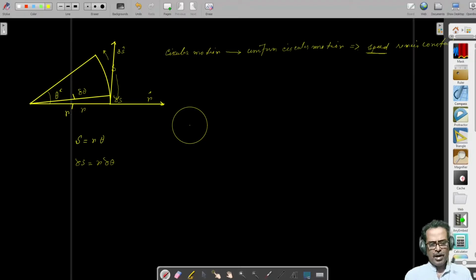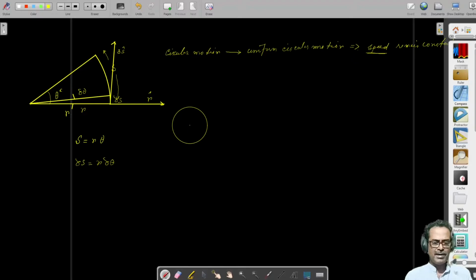Now, it is clear ds is a vector, R is a vector, and also del theta is a vector. So this is possible only when the product of these vectors is a cross product. A cross product results in a vector.